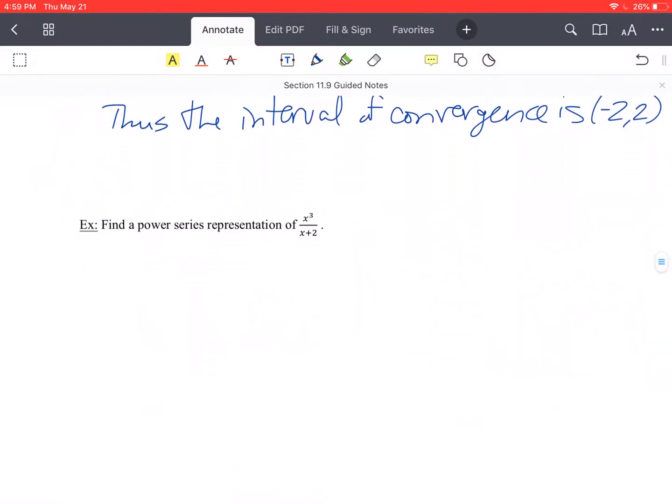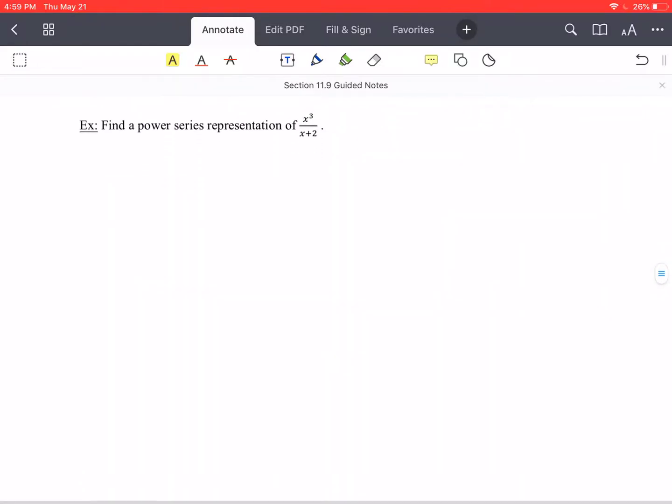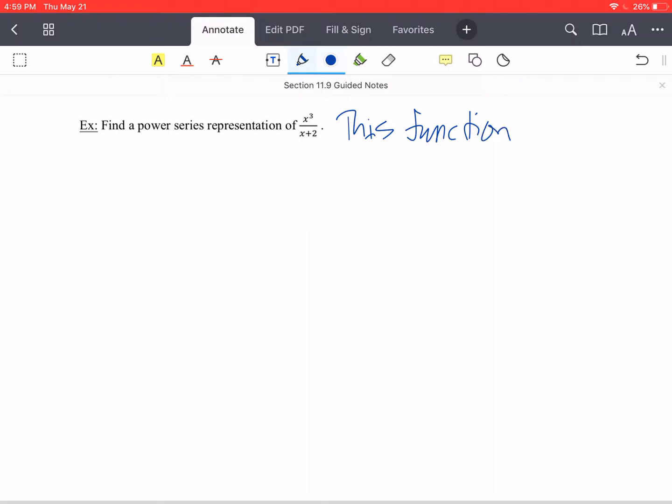So find a power series representation of x cubed over x plus 2. So first thing we want to notice about this function, we can rewrite it and just get that x cubed out of here. That's x cubed times 1 over x plus 2.